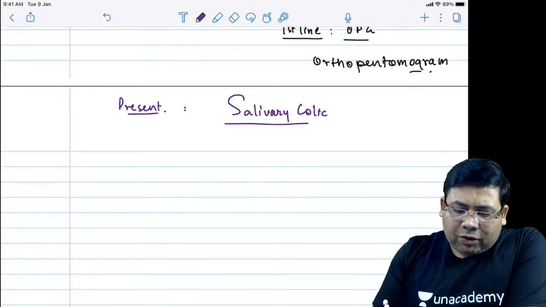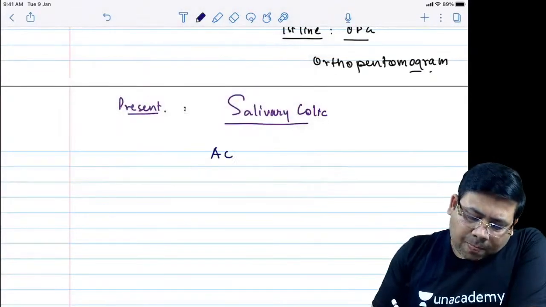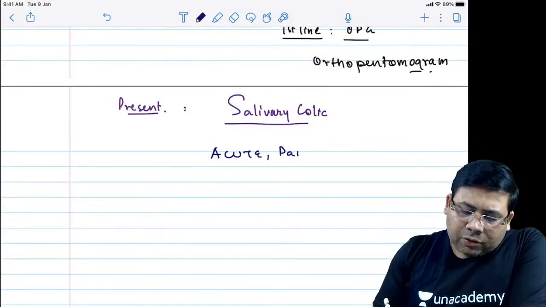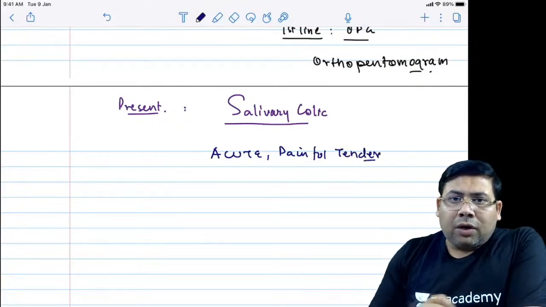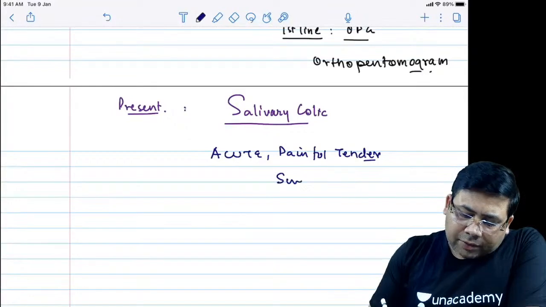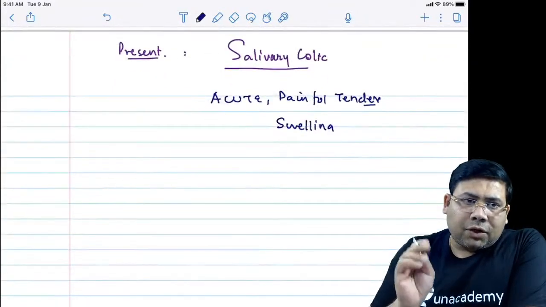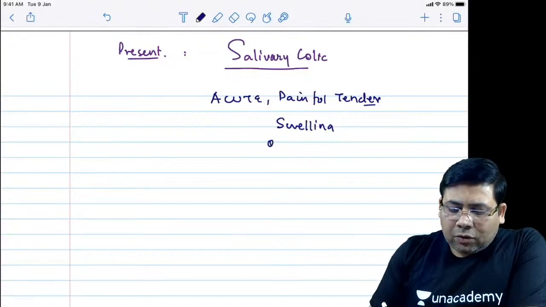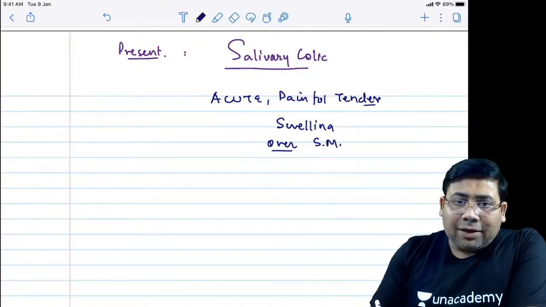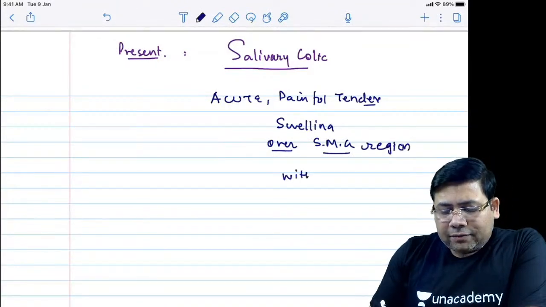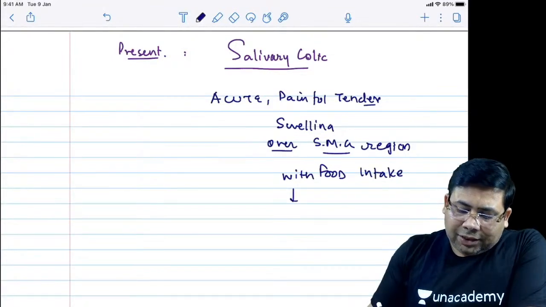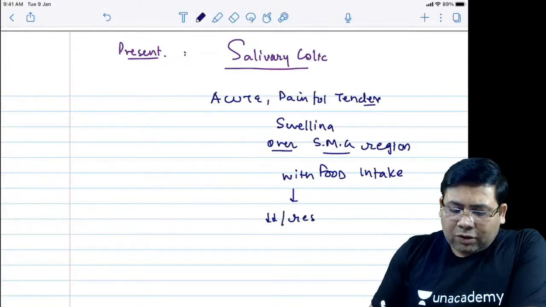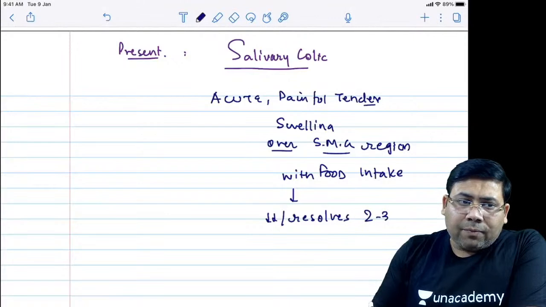Salivary colic is defined as acute, painful, tender swelling over the submandibular gland region with food intake, and that is why it is known as colic, which decreases or even resolves 2 to 3 hours postprandial.